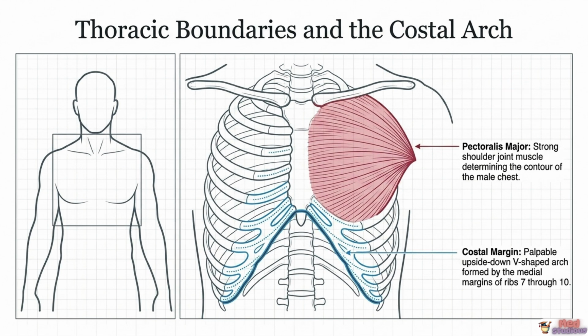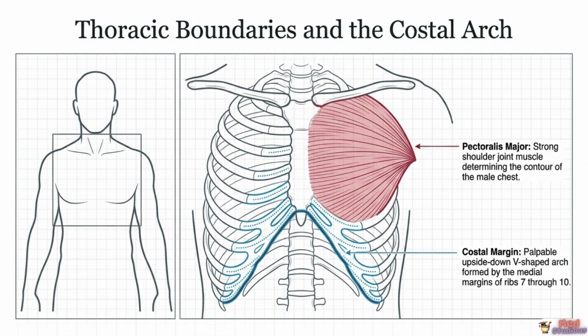It is the dominant shoulder joint muscle for adduction and internal rotation, and its well-developed bulk in males creates the characteristic squared, muscular chest profile. Clinically, pectoralis major tears, common in weightlifters, present with a visible deformity of the anterior chest wall.